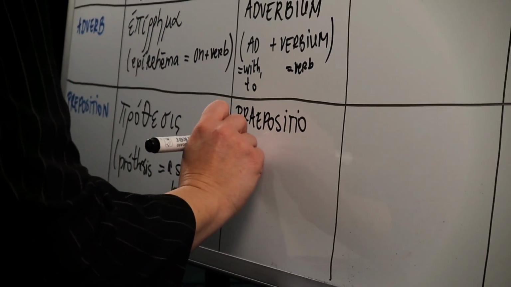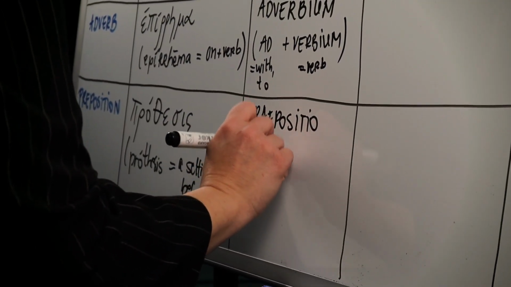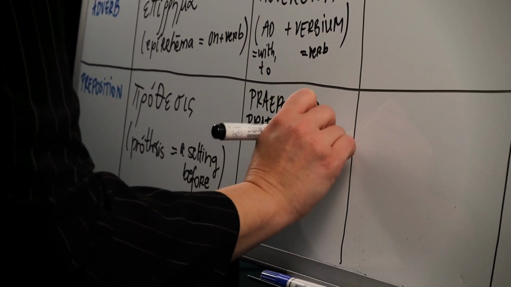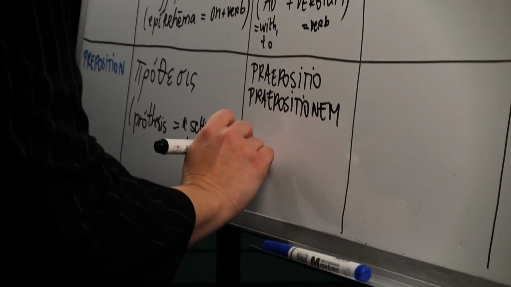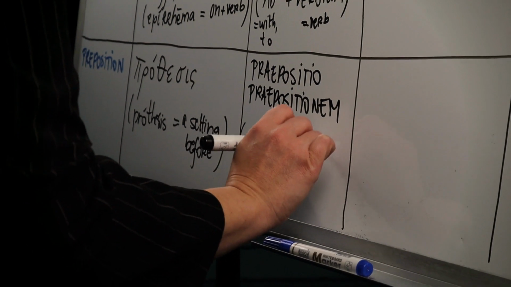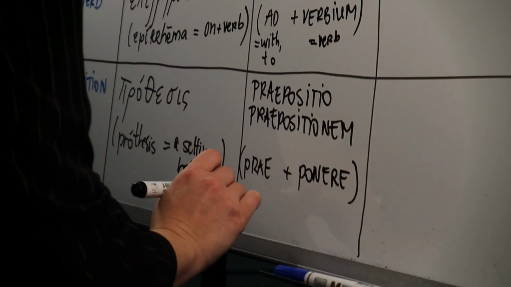In Latin, the expressions which were used were either prepositio or prepositionem, which were the coins from the prefix pre, which means before, and the verb ponere, which means to put. So put something before.